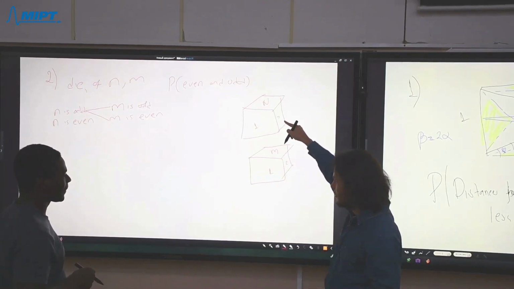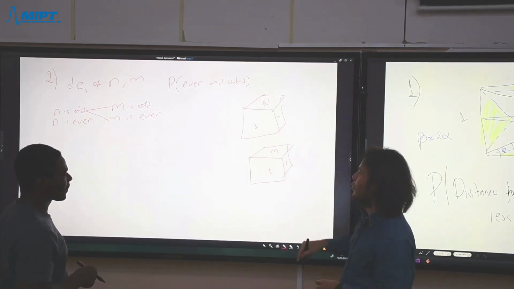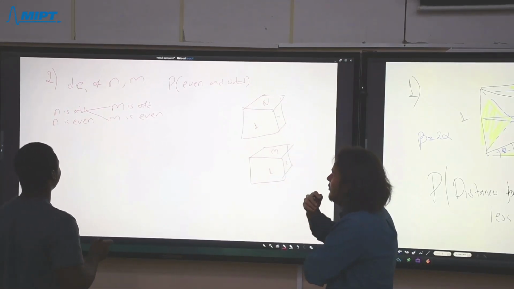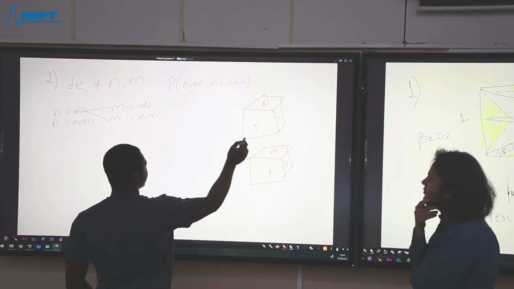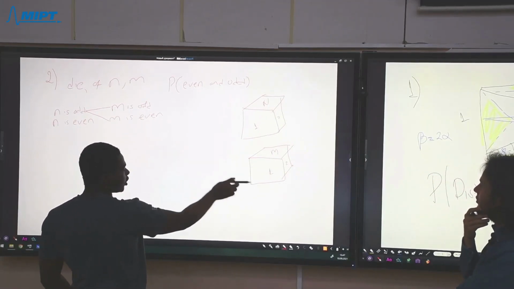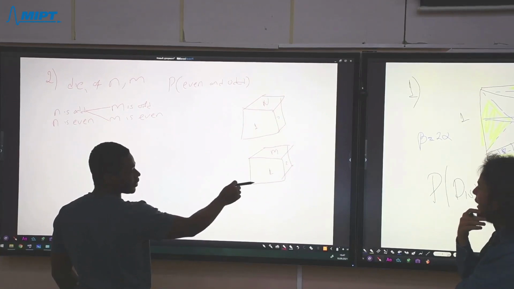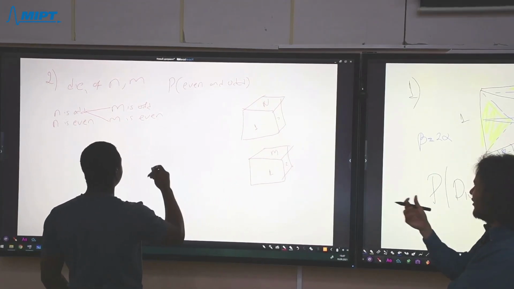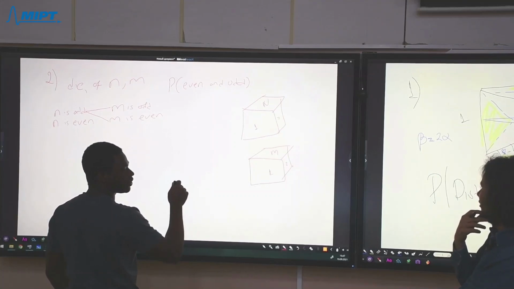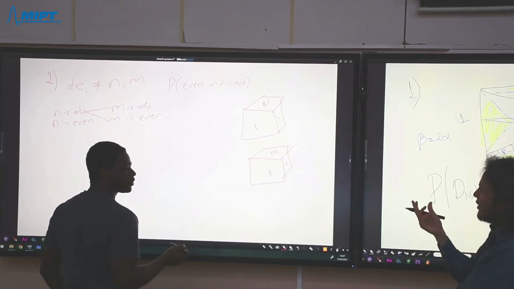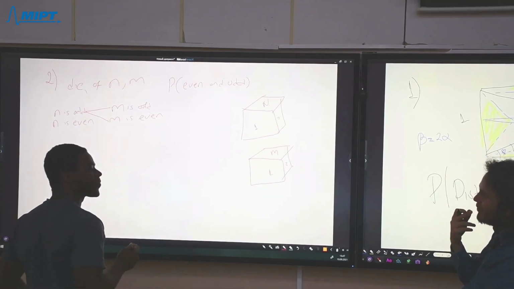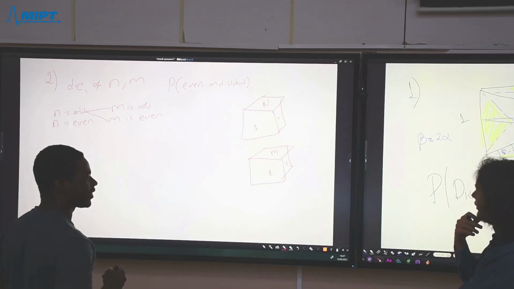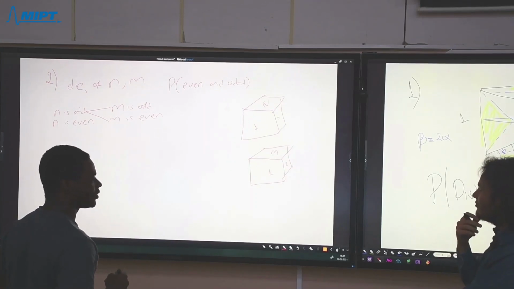Yes? Okay, and then what? So like I said, either n is odd and m is odd. You mean m or the number that we get in this die? No, m, the number of sides. Okay, but wait, but we have... all right, yeah.